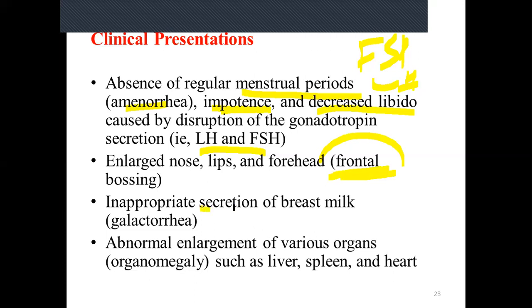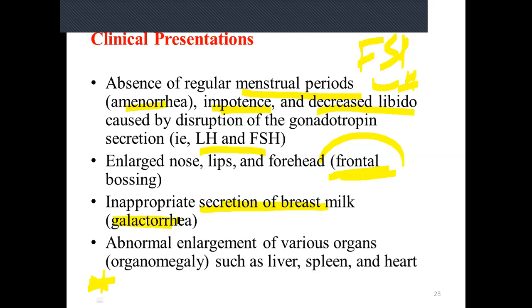Then there is a probability of having excessive secretion of breast milk. We call it galactorrhea. Based on epidemiological studies, the probability of having acromegaly with excessive production of prolactin is very common. Co-secretion of prolactin is very common. That is why galactorrhea comes in.